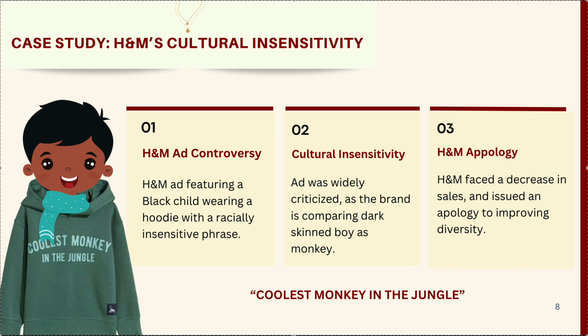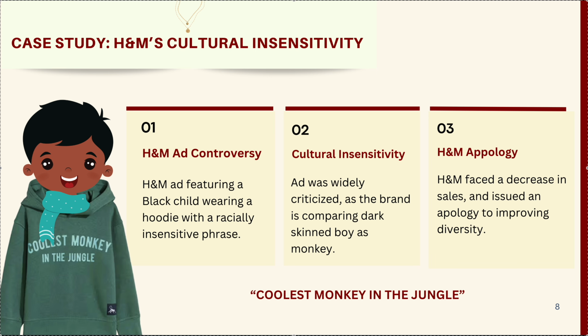The brand used the sensitive phrase "the coolest monkey in the jungle", but the model of this hoodie was a black kid. So the customers felt that they were comparing dark-skinned people to monkeys.